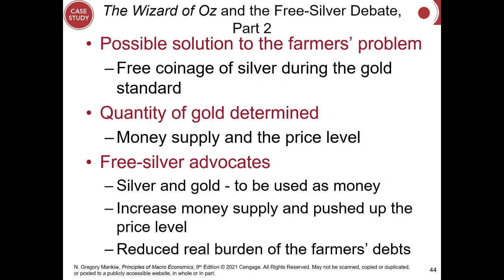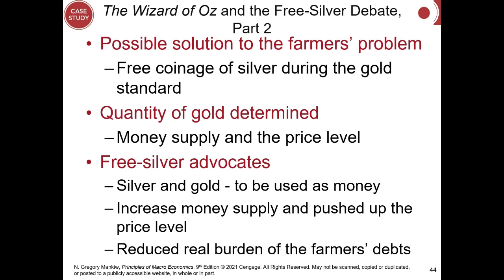Now, in The Wizard of Oz, these farmers wanted to coin silver, because at that time our money was based on the gold standard, so it was all determined by how much gold there was. The farmers wanted both gold and silver, so the government would start minting silver as well, which would increase the money supply. If it increased the money supply, that's going to increase the price level, it's going to increase inflation.